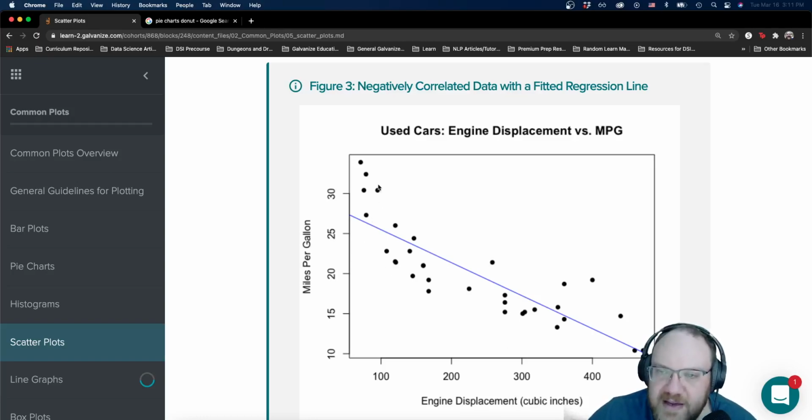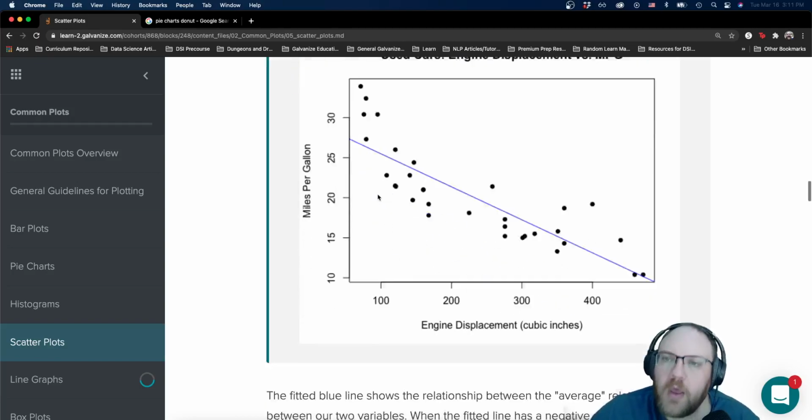From my regression line, if I want 25 miles per gallon, I might start with an engine that has about 100 cubic inches of displacement. But this is negatively correlated, right? When one variable increases, the other moves in the opposite direction.